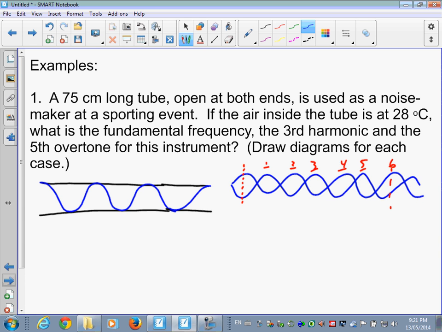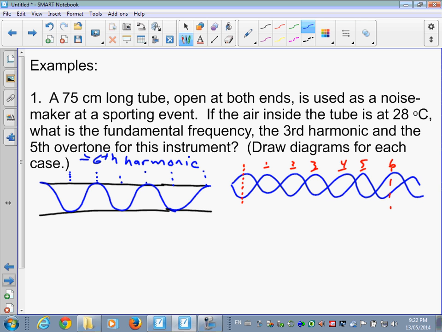Again, this would be where the first harmonic would be, second, third, fourth, fifth, sixth harmonic. So the fifth overtone, that's your sixth harmonic. I don't want you to just jump straight into, well, let's figure out the fundamental frequency and multiply it by 6. Draw the diagram.